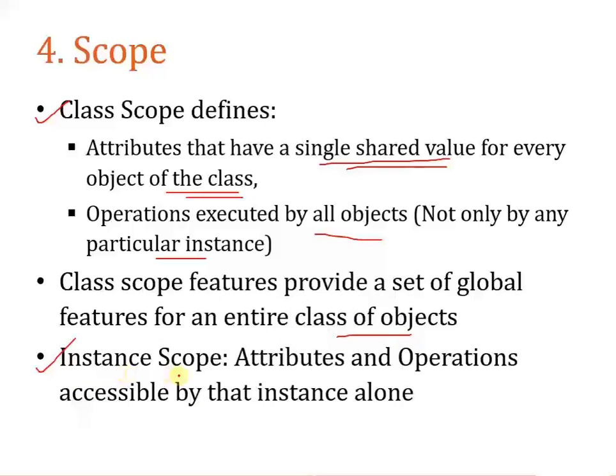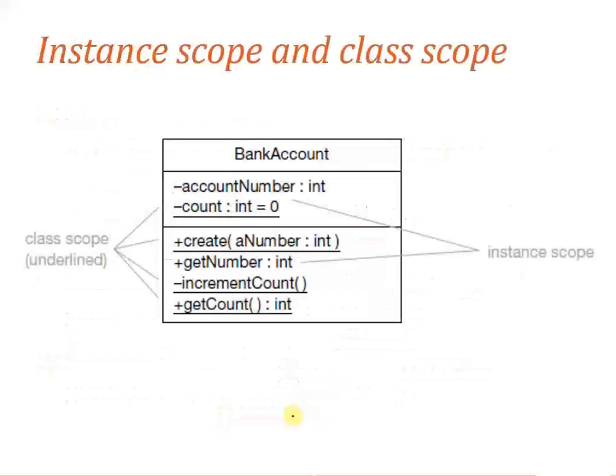The reverse of this is instance scope. So here the attributes and operations are accessible only by that instance alone, by that object alone. This is a representation of attributes and functions with instance scope and class scope. Anything which is underlined is said to be in class scope. For example, count is a variable which will be used by all the objects.